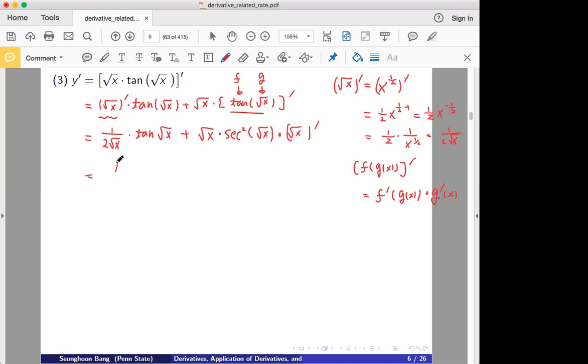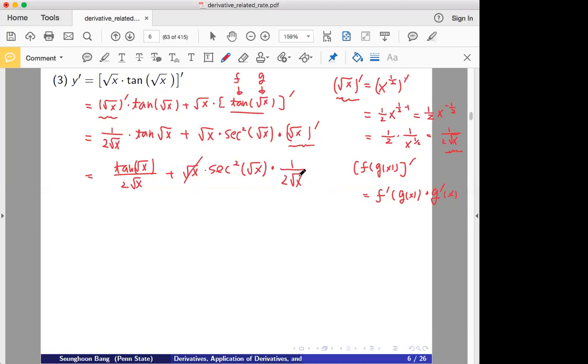So this is the same as tangent of root x over 2 times square root of x plus square root of x times secant square of square root of x times the square root of x prime. Here we have 1 over 2 root x. So what happens?